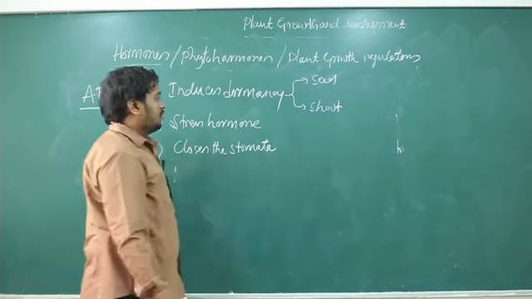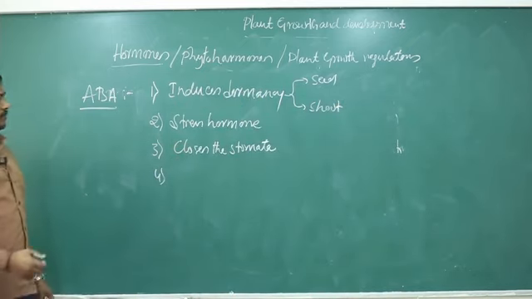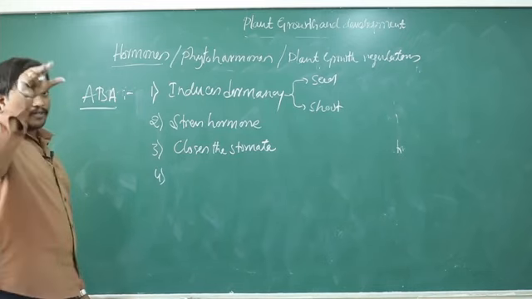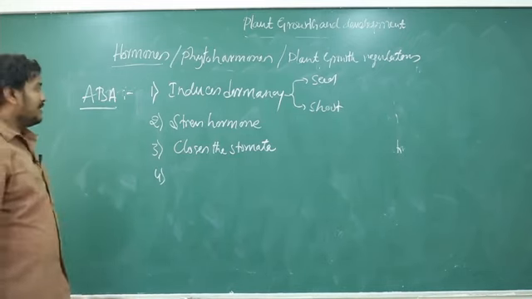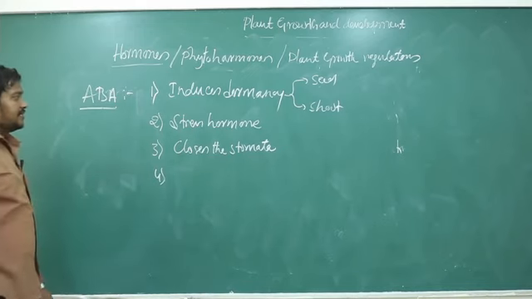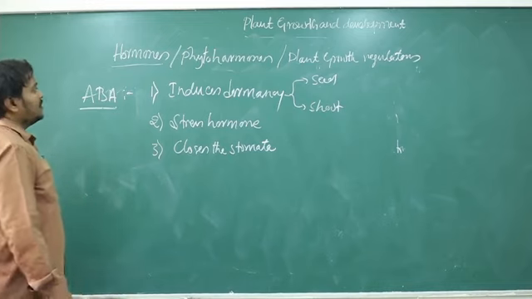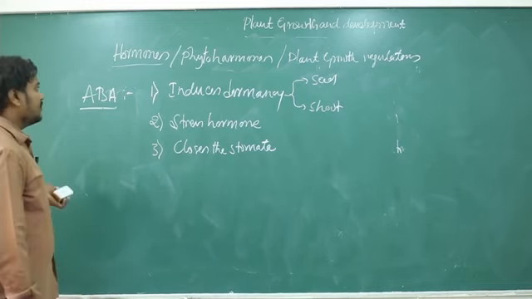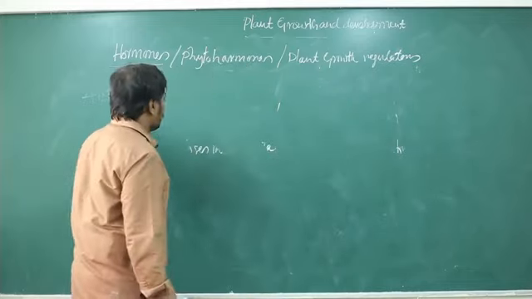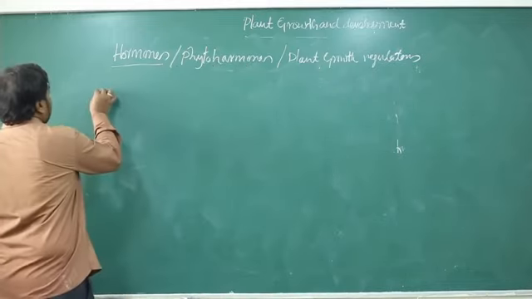If the plant feels cold conditions, it reduces the activity of the shoot system or meristematic cells. That is the function of abscisic acid. So these are the major roles of abscisic acid, which helps in closing stomata, induces dormancy and acts as a stress hormone. Okay. Next, come to one more, that is ethylene.